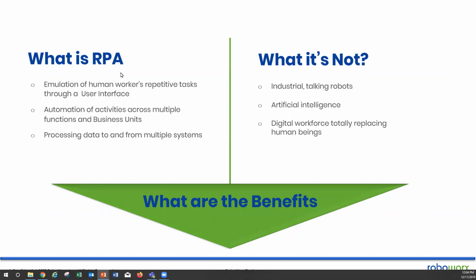So what is it? It's emulating a human worker's repetitive tasks through a user interface. Said another way, human workers are sitting on computers, right? If we all go to different offices, we see people sitting at their computer, pressing their keypad. They're opening up emails, logging into ERPs, copying information, pasting information, et cetera.